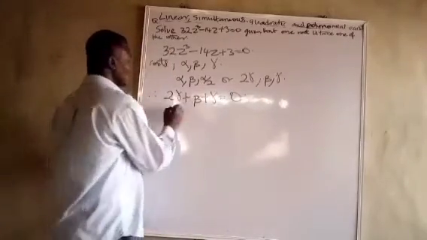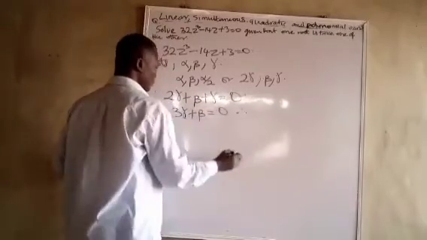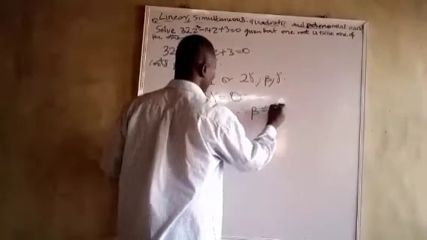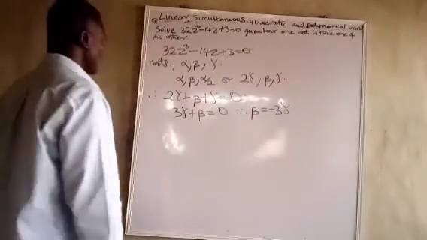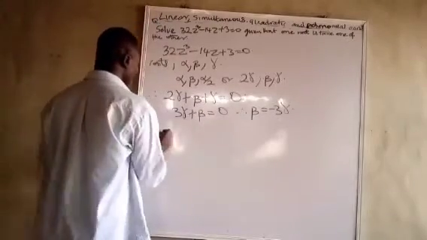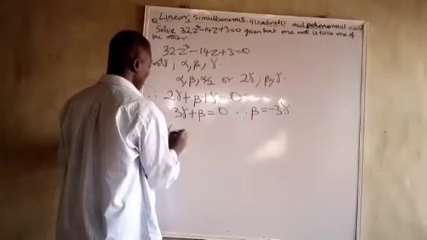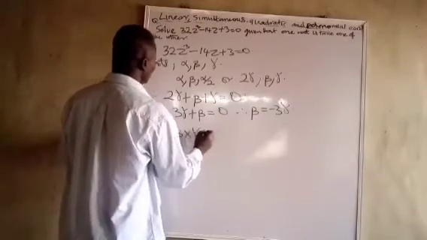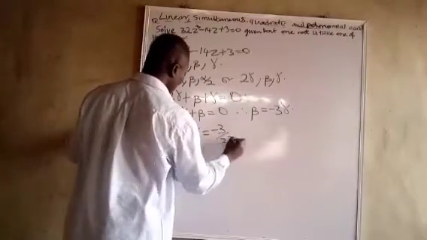We can see that 3 gamma plus beta is equal to 0. Therefore, beta is minus 3 gamma. That one is sure. We also have another thing here. The product, that is 2 gamma times beta times gamma again, is equal to minus 3 over 32.